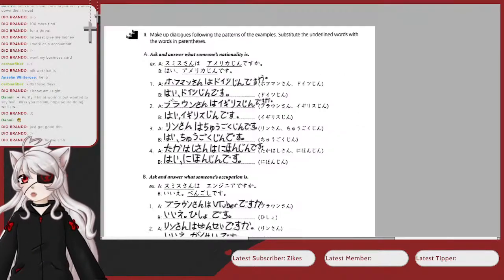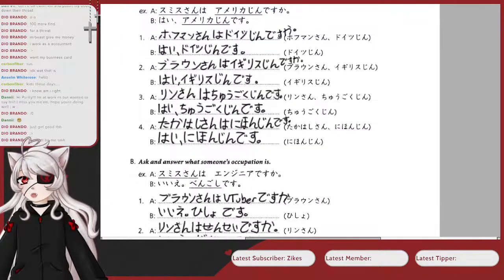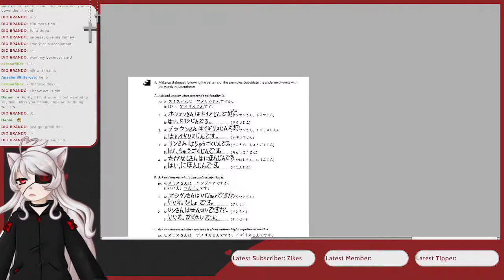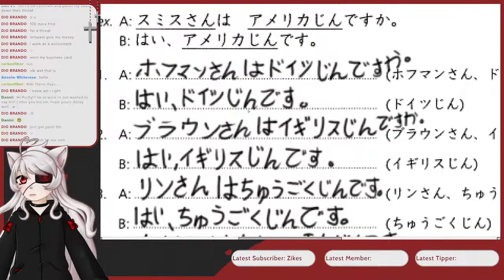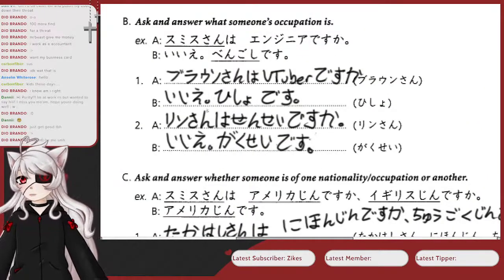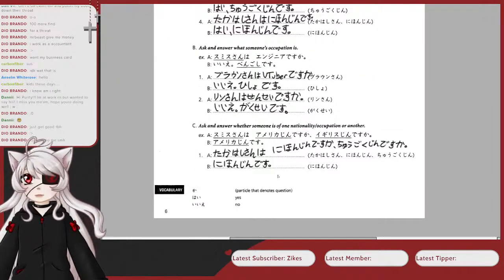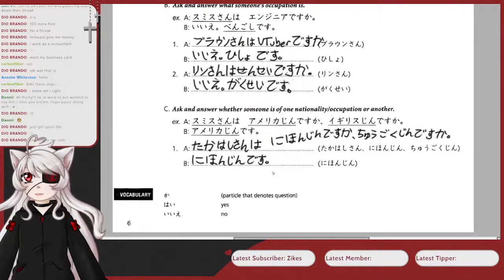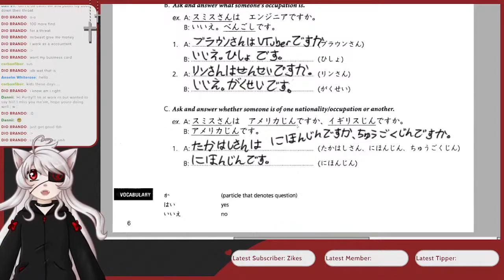And then hai and iie, with the confirmation where you just repeat the main part of the sentence, or the correction where you say what they actually are instead. Or if you think you already know the answer, you can start listing. So, Purity wa... I can't think of any.